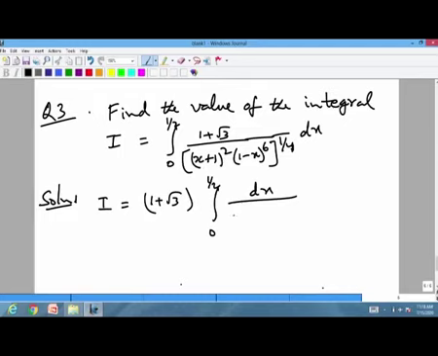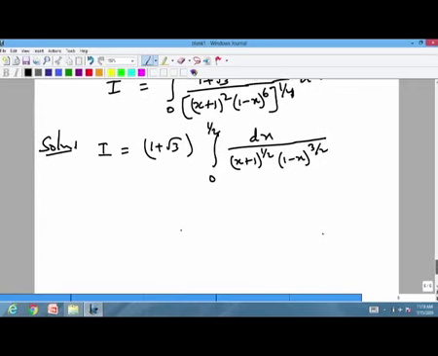So, that will become (x plus 1) raised to power half times (1 minus x) raised to power 6 by 4, that is 3 by 2. Note that in this range 0 to half, 1 plus x and 1 minus x are both positive.